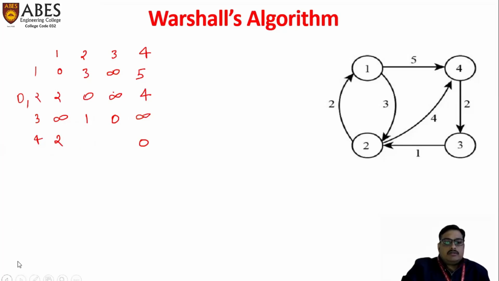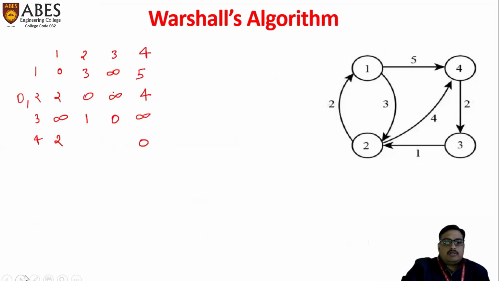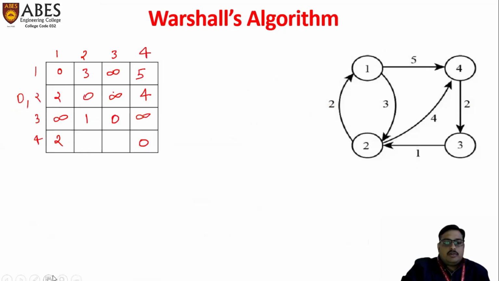4, 1 is 2. And then let us take this. In this D0, 4, 1 is infinity. Sorry, infinity is there. So we just put 4, 1 as infinity here also, because we don't have any direct path from 4 to 1.